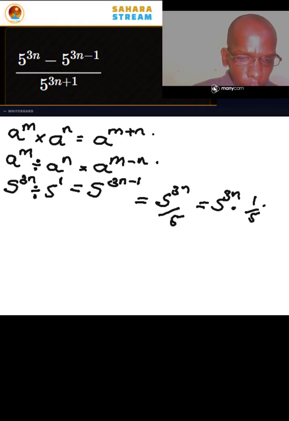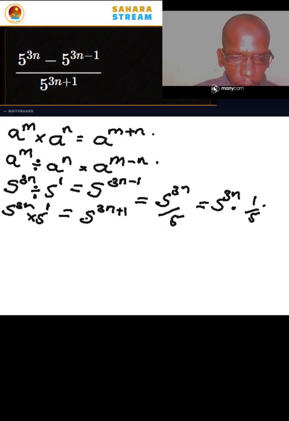So 5 raised to power 3n plus 1 is the same as 5 raised to power 3n, where 3n is our m, then multiplied by 5 raised to power 1, where 1 is our n. So now that we have this, we can combine all of them.